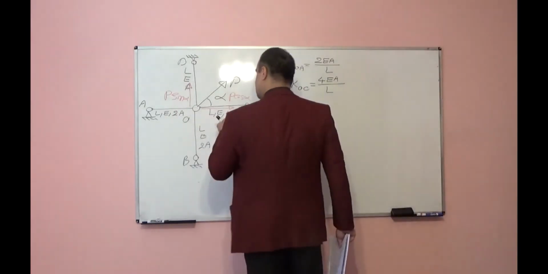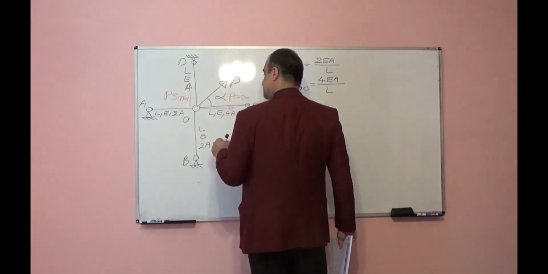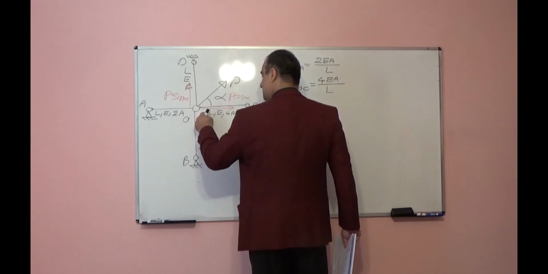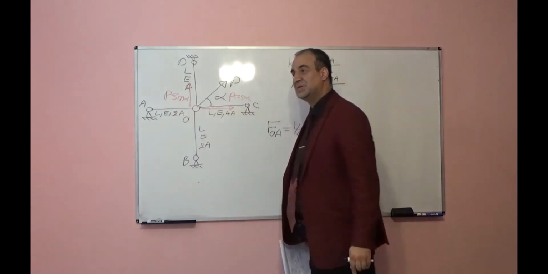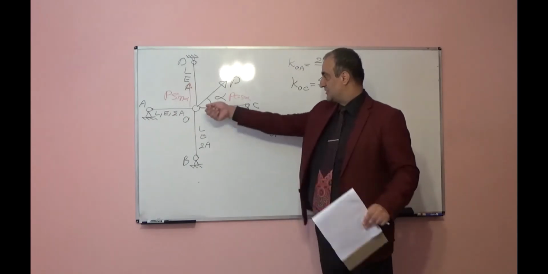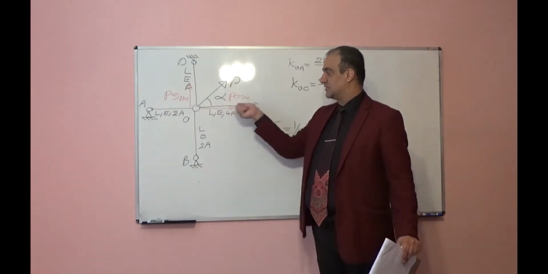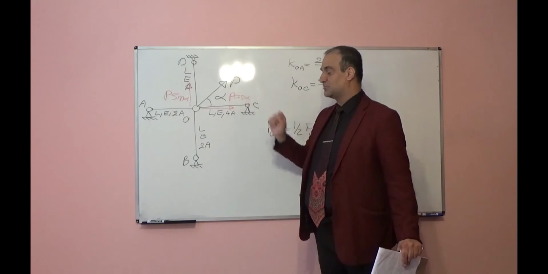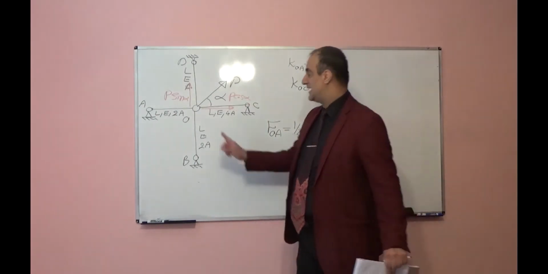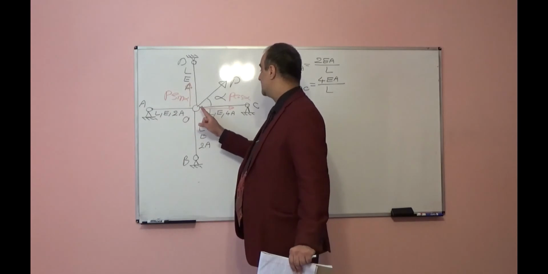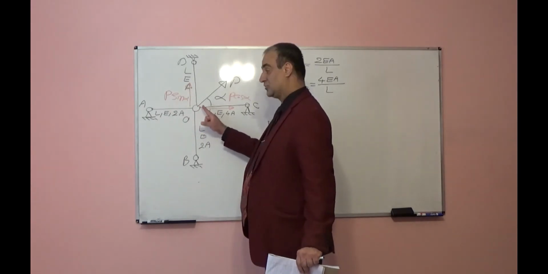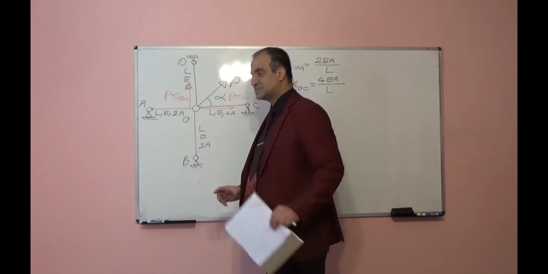So in the horizontal direction we have 2 stiffnesses, and the deformation of each rod OA and OC should be equal in horizontal direction. Once I apply this load in horizontal direction, meaning P cosine alpha, we have elongation delta in OA, and we have contraction equal to the delta again in OC.